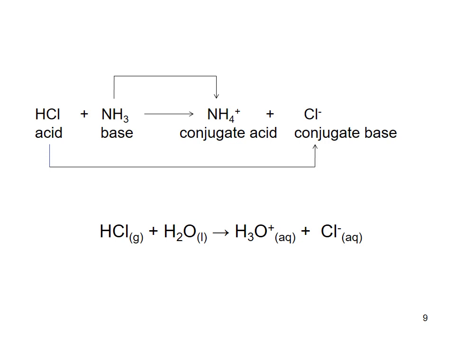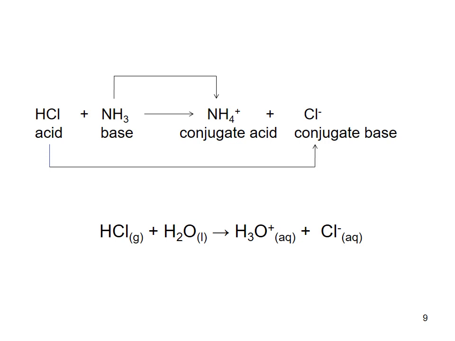Similarly, if you take HCl and water, HCl is an acid because it releases H plus, and H2O accepts the H plus, so it becomes a base. On the other side of the arrow, again you can see a conjugate acid and base pair.